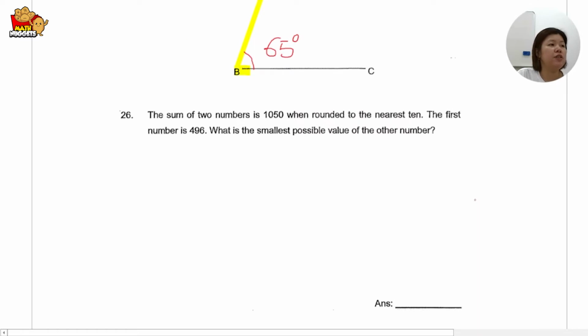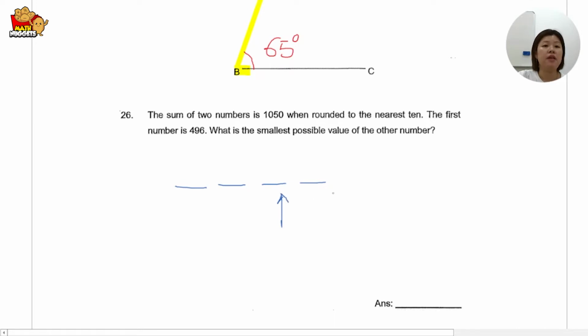Okay, next question. The sum of two numbers is 1050 when it's rounded to the nearest 10. The first number is 496. So they want to find the smallest possible value of the other number. So if you can see, it's rounded off to the nearest 10, which is here.